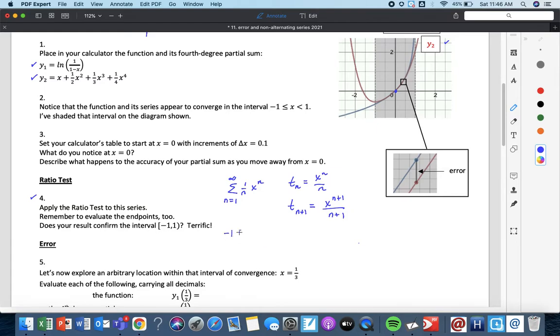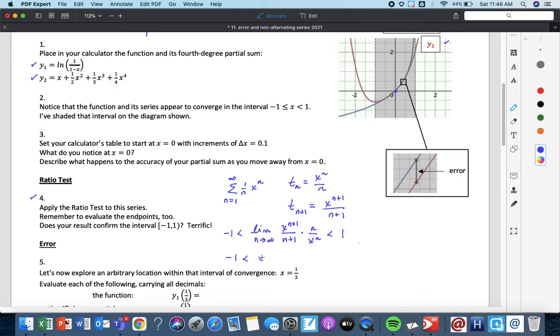So I'm going to sandwich between -1 and 1 this limit, as n approaches infinity, of the n plus first term divided by the nth term. And rather than divide by that, I'm going to multiply by the reciprocal. So there it is, sandwiched between -1 and 1. I notice that x to the n plus 1 over x to the n simplifies to just x.